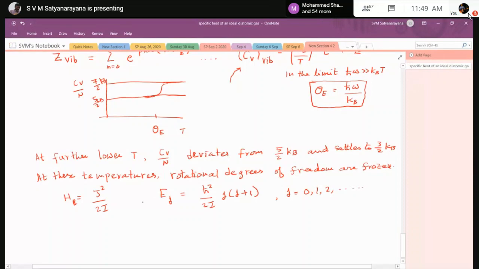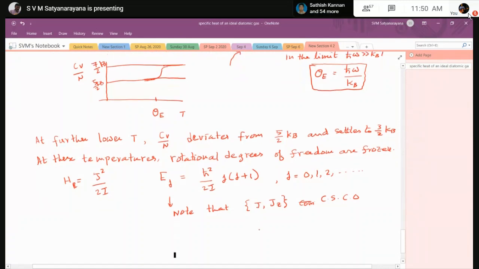Okay, so this is essentially a classical orbital angular momentum, even though I am using j here. These are the energy levels, but note that J square and J_z commute. In fact, they are called a CSCO, a complete set of commuting observables, as far as this is concerned.